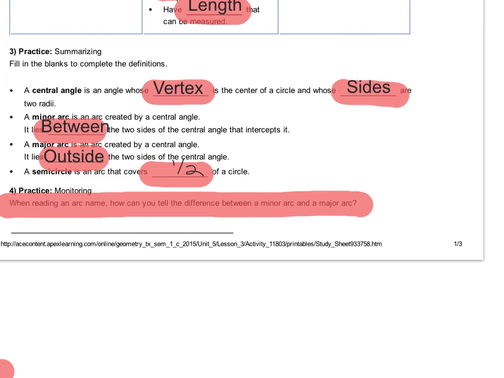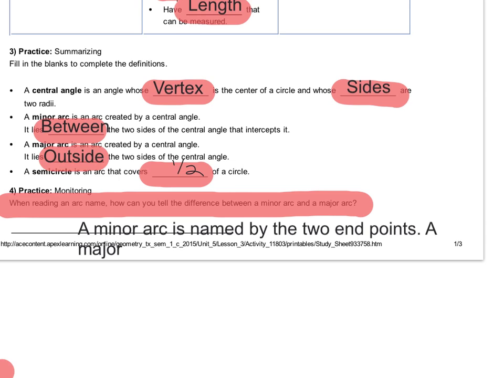Okay. When reading an arc name, how can you tell the difference between a minor arc and a major arc? What's important to know is that a minor arc is named by the two endpoints. A major arc is also named by the two endpoints, but also one point that's in between those two endpoints.